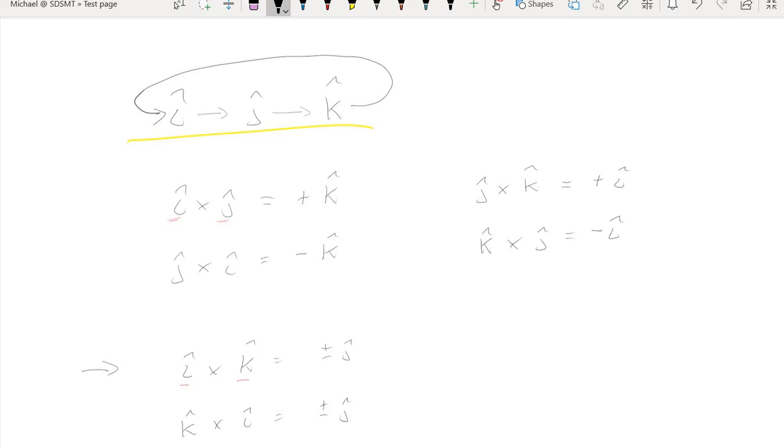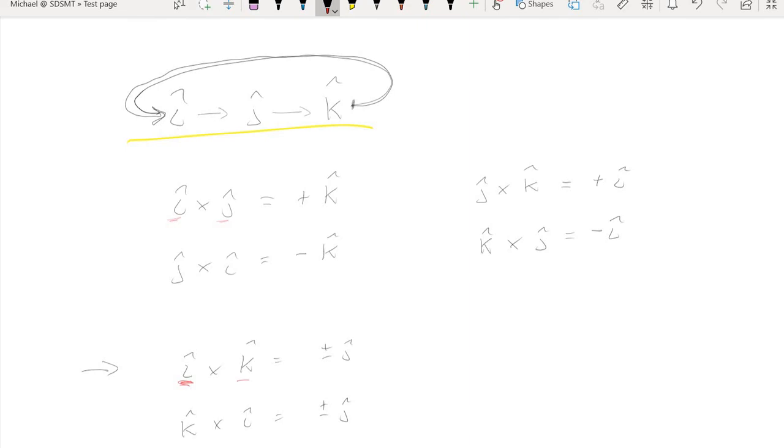I, J, K, then we start over. I, J, K, start over. So when you get to K, technically the next letter in line after K is going to be I. And so if we ask again, what is the quickest way of getting from I to K?